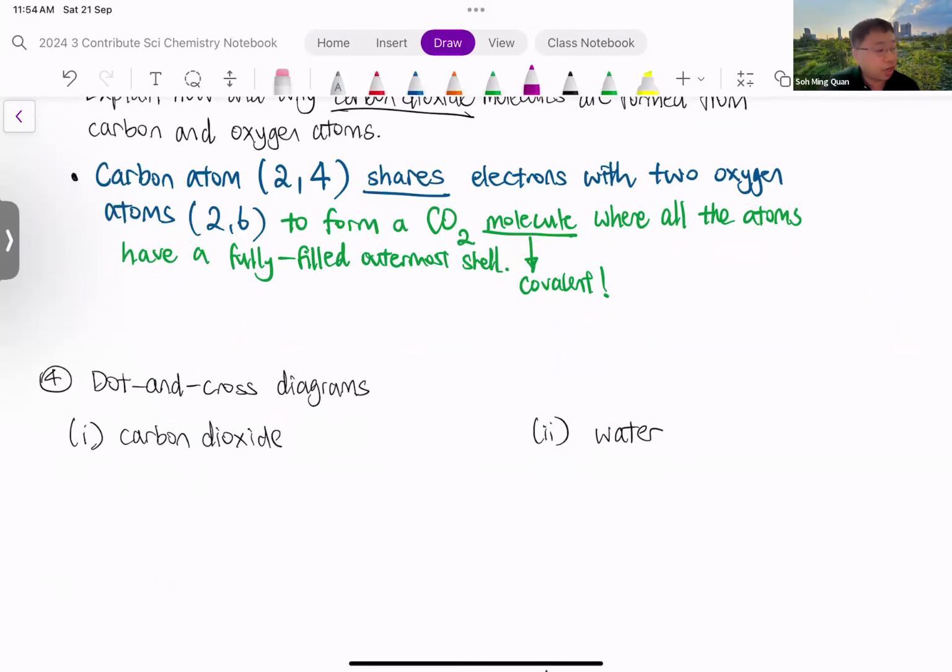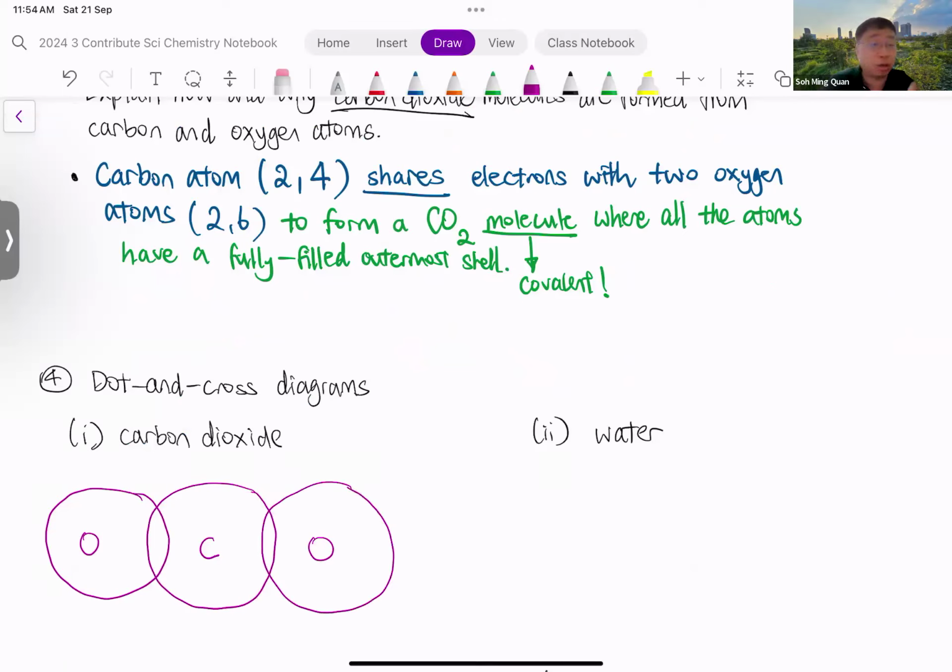To show sharing, we know that the shells must overlap. Let's overlap the shells. So I draw the shells first. I don't even write any electrons yet. I show the overlapping shells. Overlapping of shells tells you it's covalent bonding, where there is sharing of electrons. Okay? So this is CO2.